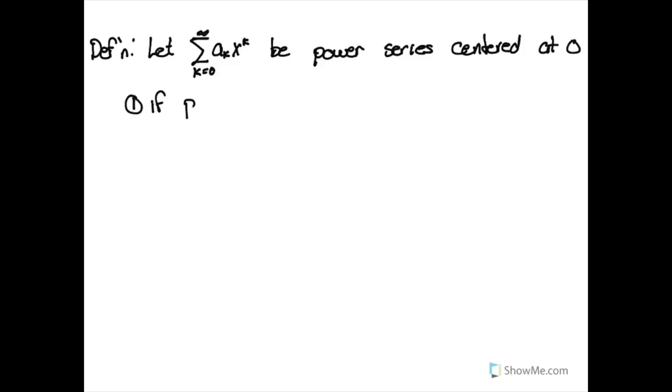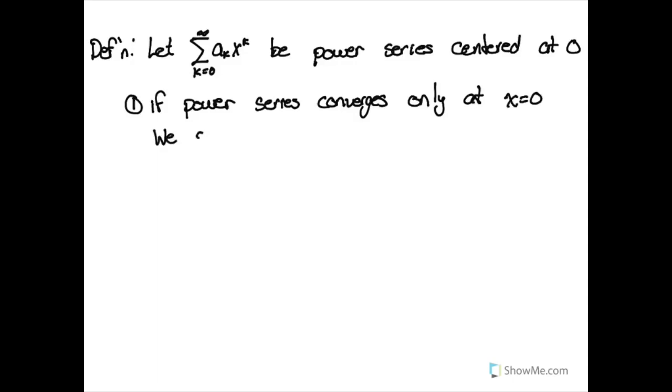First, if the power series converges only at x equals 0, because remember all power series have to converge at 0, then we say the radius of convergence R, we usually denote radius of convergence R, is equal to 0.